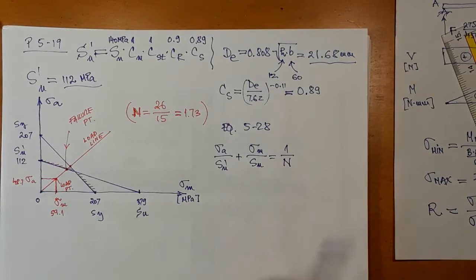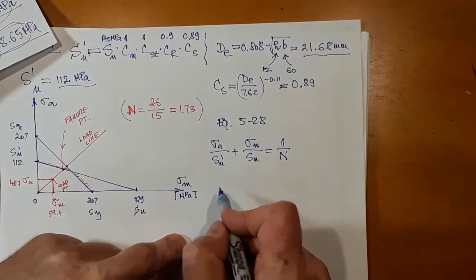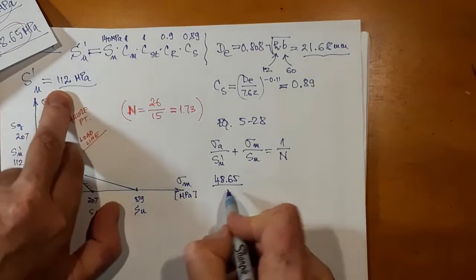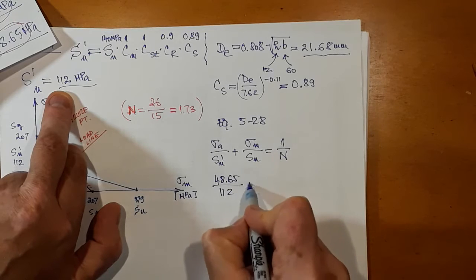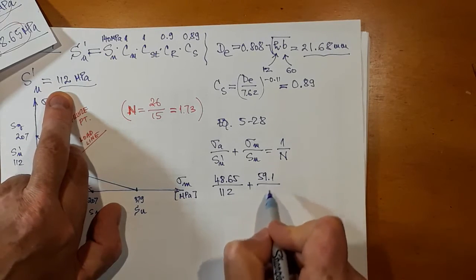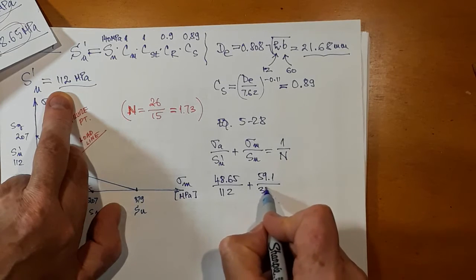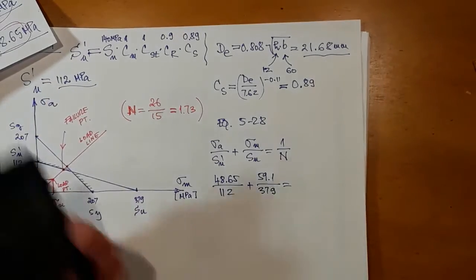So sigma a is 48.65, Sn prime is 112, sigma mean is 59.1, sigma u is 379, and what do we have?